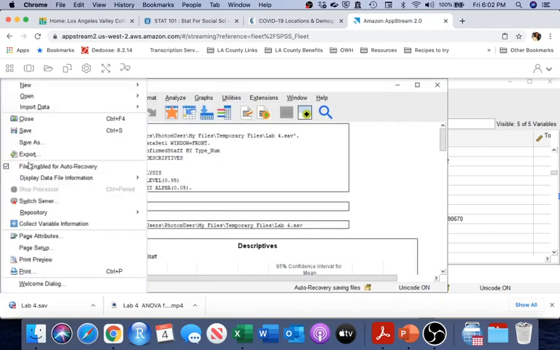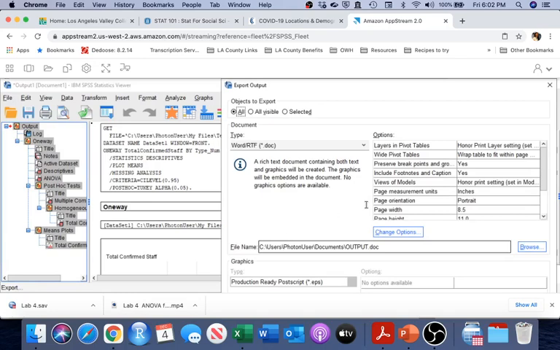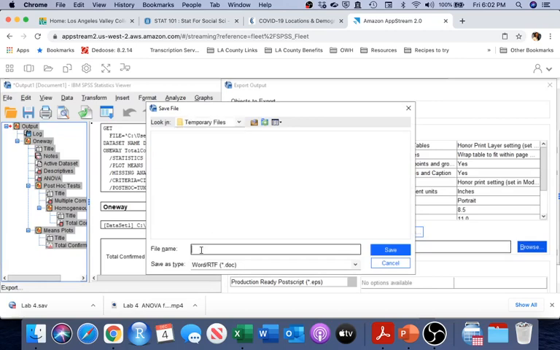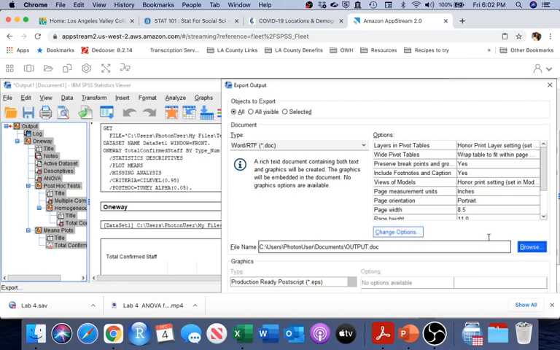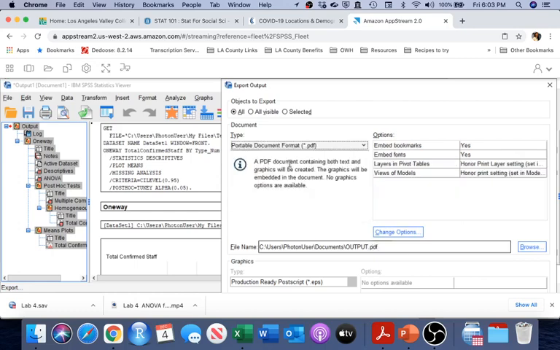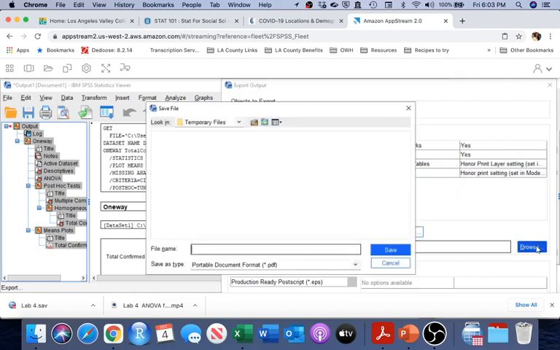I have to export. So this is where I believe it took me a long time to figure out. I think I need to put in temporary folder file, but I want to save it as a PDF, because that's easier to work with. And then I'm going to save in this temporary folder files and call it lab4.